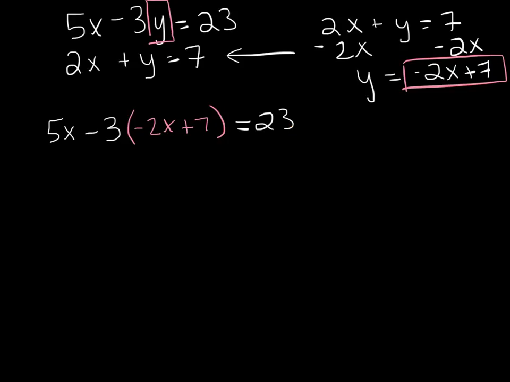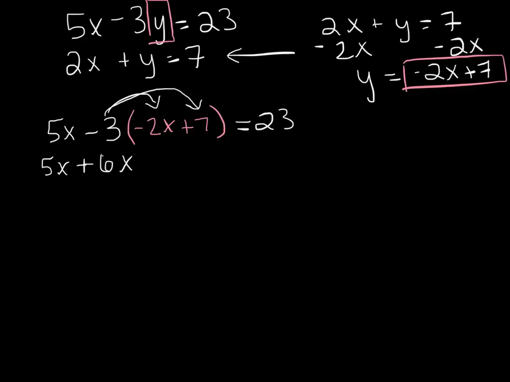So I'm going to bring down the 5x minus 3, and we're going to use the distributive property and distribute into our parentheses. And so we have negative 3 times negative 2x, which gives us a positive 6x.